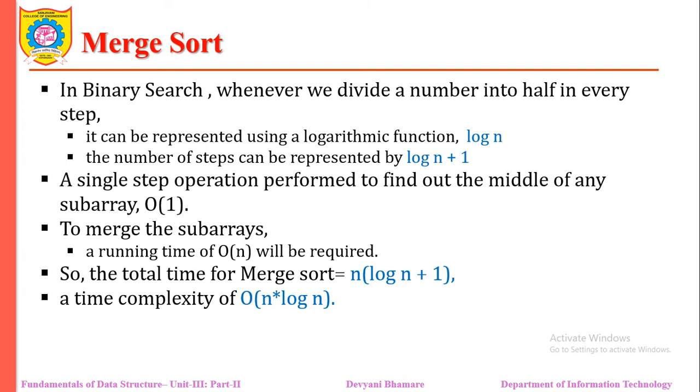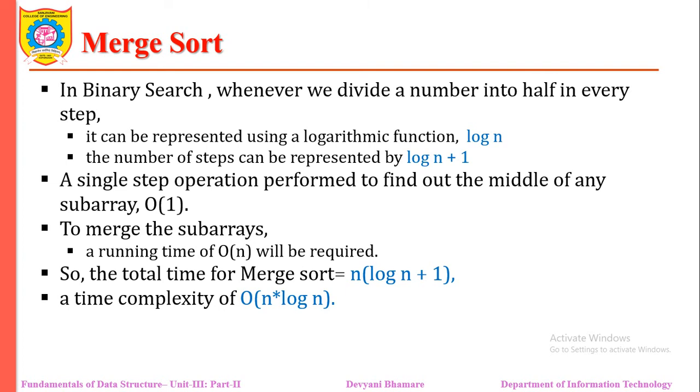A single step operation performed to find the middle of the array will take big O of 1 time, and if we think about merging the two sub arrays, the running time of big O of n will be required. So if we add the time required to divide into sub parts and then merge them, we come to know that the total time for the merge sort is n times log n plus 1.